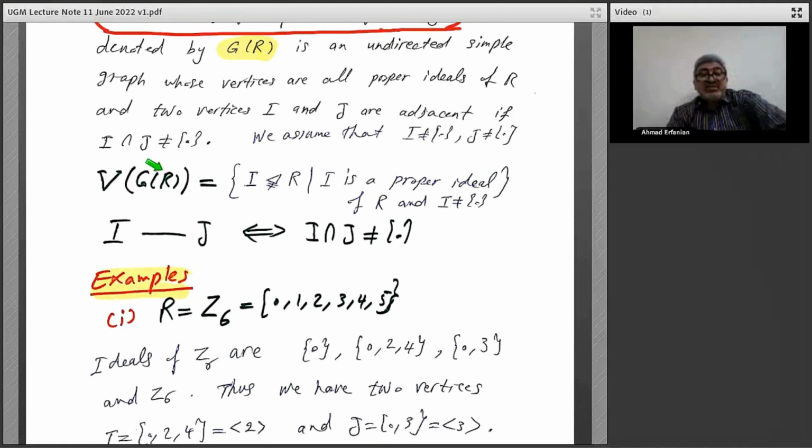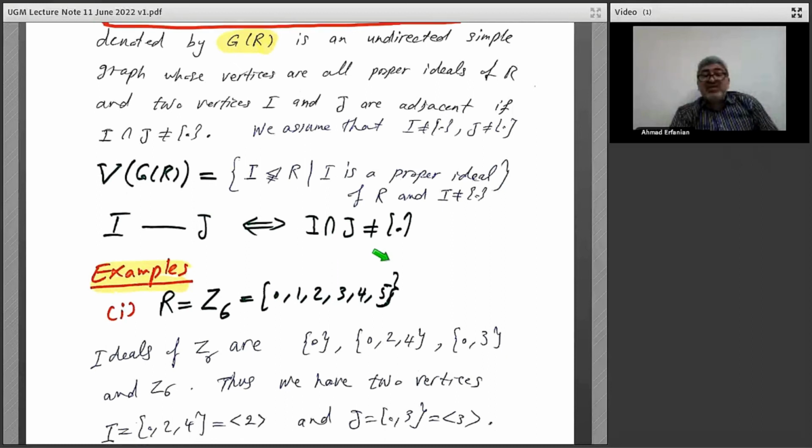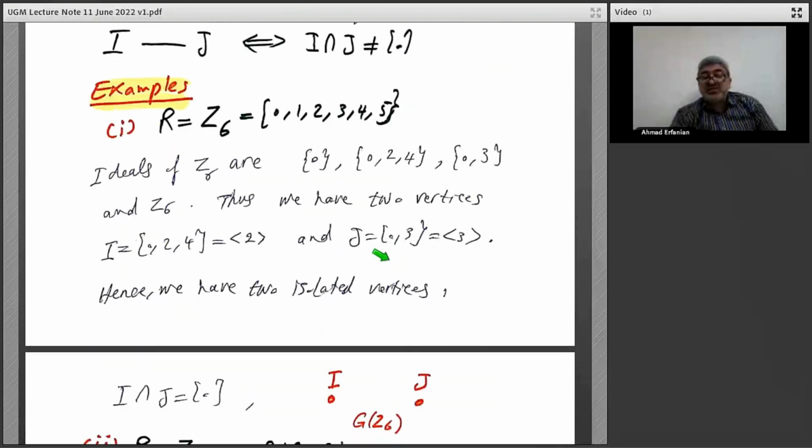The vertex set is the set of all non-zero proper ideals, and we say that two ideals I and J are adjacent if and only if the intersection is not 0.